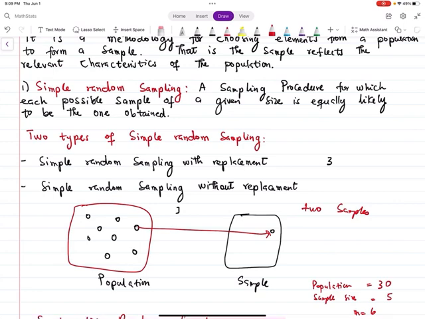That is what simple random sampling with replacement means. And then simple random sampling without replacement means that, for example, if I choose this guy, this guy is no more. If I also choose this guy here, then this guy will be no more. So that is what simple random sampling without replacement means.